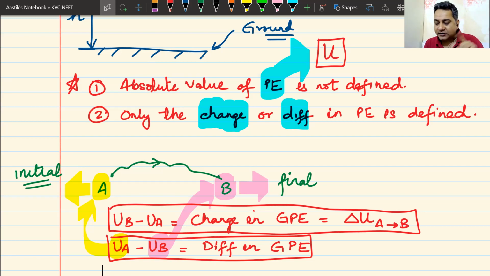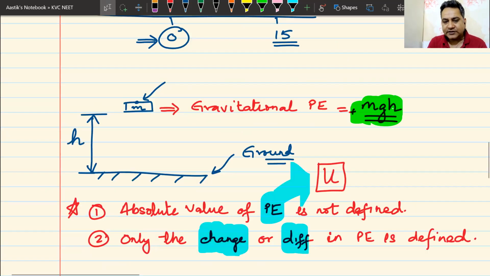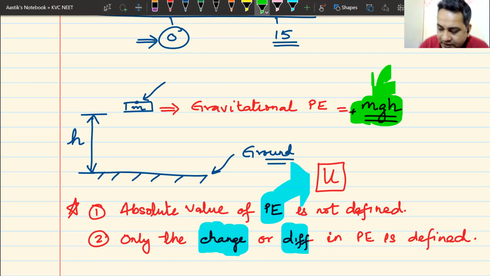Now, how will I add the third point? I'll go back to this question. When I ask what is the value of gravitational potential energy at this point, the answer that most students would give, if they have any knowledge about gravitational potential energy, would be, sir, the gravitational potential energy of this point here should be plus mgh.